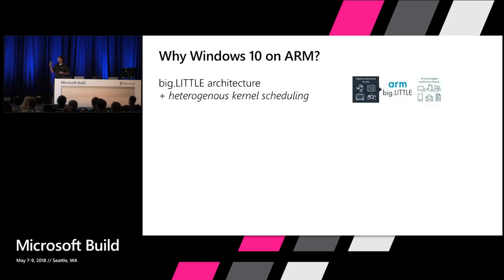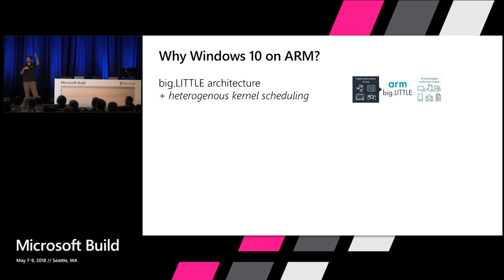So let me talk a little bit about the technical details of how we made Windows work better on the Qualcomm Snapdragon processor. I don't know if you know, but ARM has this concept of a big little architecture. And when you think about big little architecture, it's really just 2 processors. They're the same processor, but they're clocked differently. What that means is the big processor is running faster.